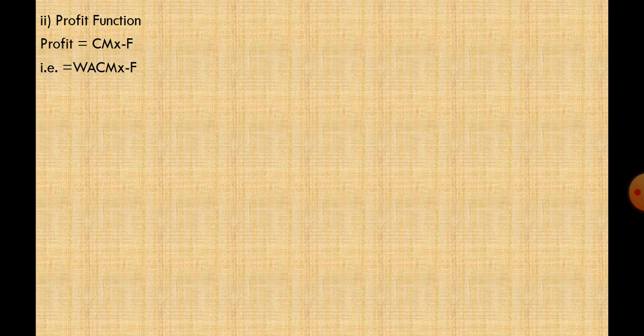So the total is 1.9 million. And you already know that the fixed cost is 18 million. So simply we equate that and we get the value as shillings 9 million. So from the profit function we can get a profit of 9 million.